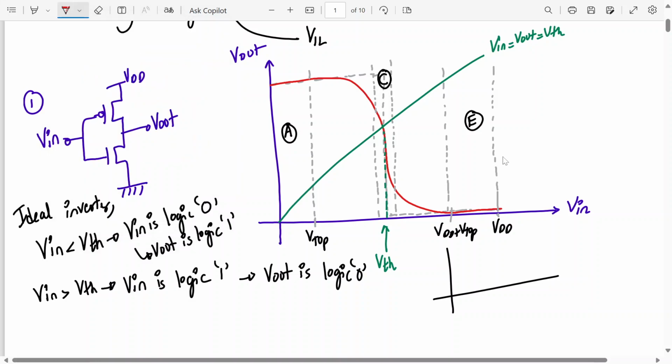This one is VTH, this is Vout, and this is VDD. So whenever Vin is less than VTH, input is logic 0 and output is logic 1. Whenever Vin is greater than VTH, input is logic 1 and output is logic 0. It's straightforward, but it's not straightforward as we come over here in the CMOS inverter.